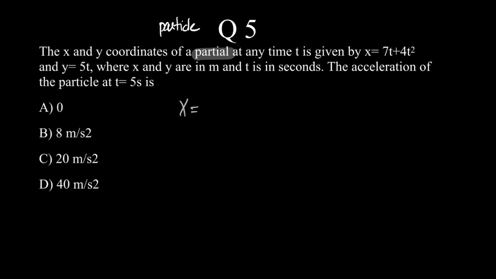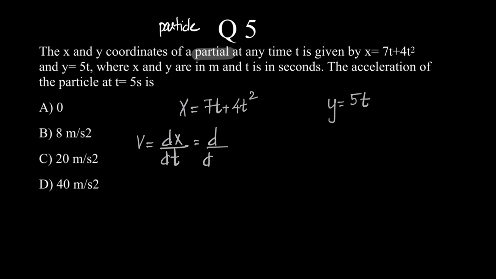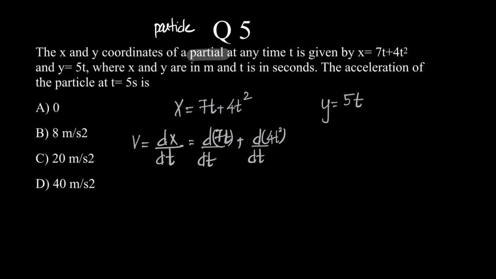So x is given to be 7t plus 4t square and y is given to be 5t. So we know that v is equal to dx by dt, which is equal to d by dt of 7t plus d by dt of 4t square.